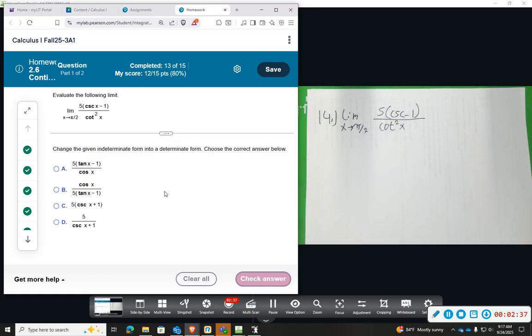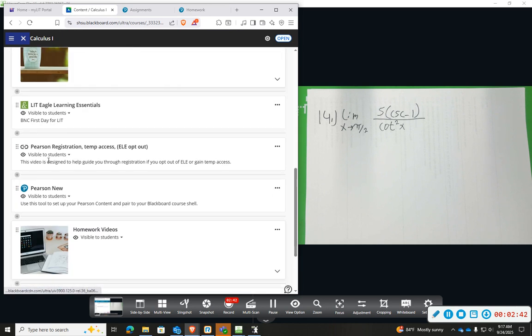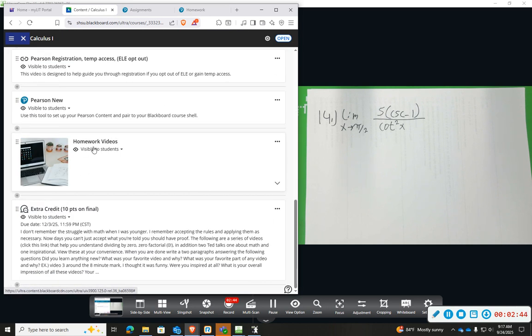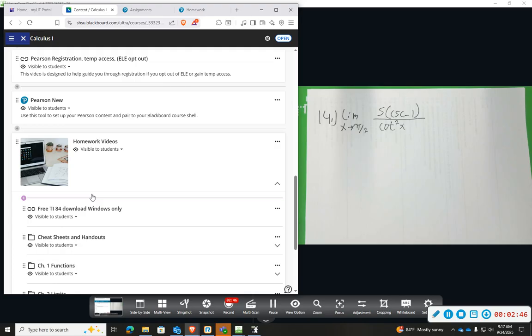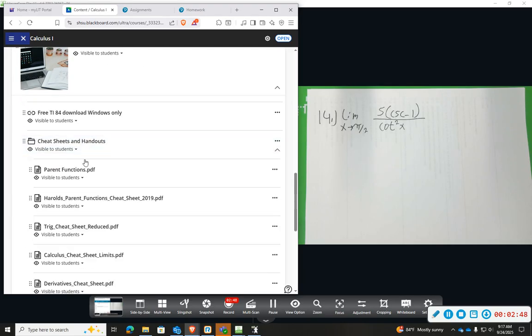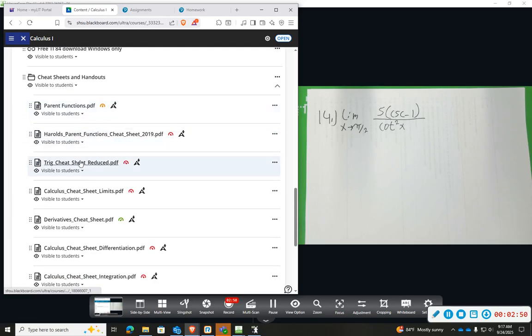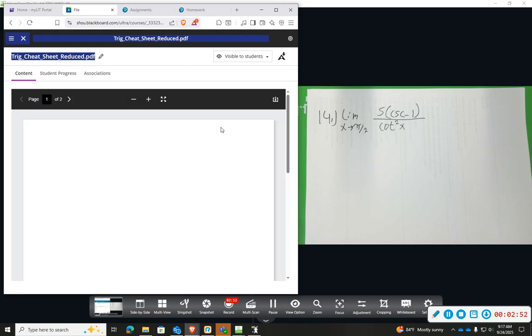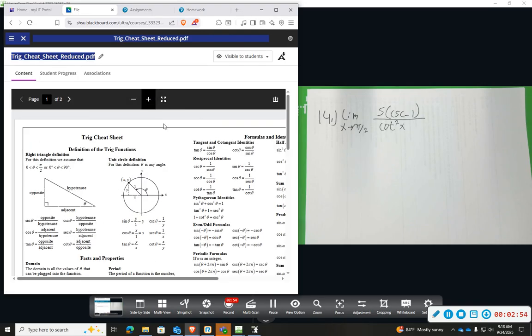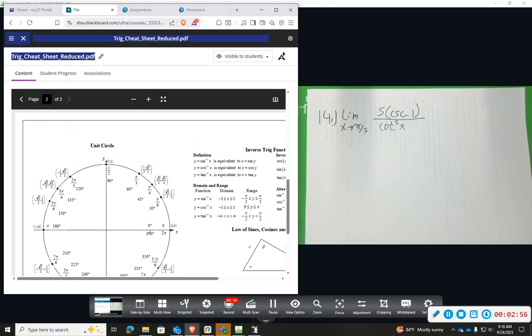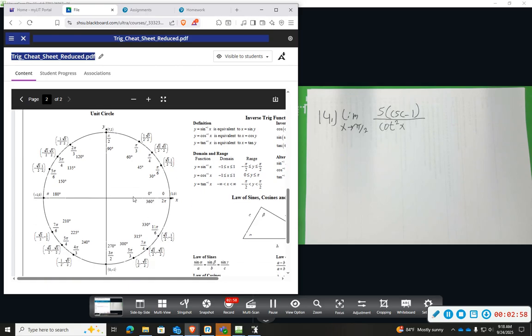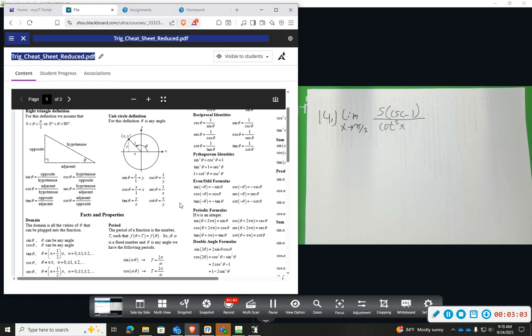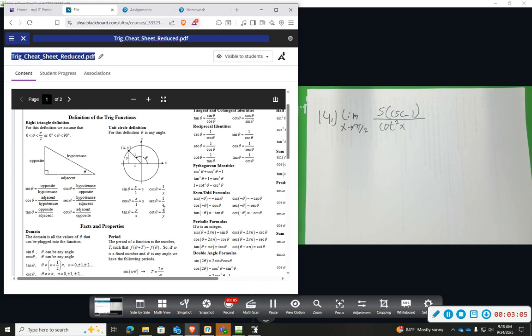If you were to plug in pi over 2, it might be better to look at the unit circle, so I'm going to pull up the trig cheat sheet, and on the back we have a unit circle. If you plug in pi over 2 into cotangent, remember that cotangent is x divided by y.